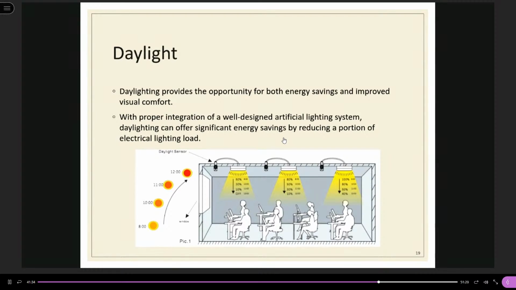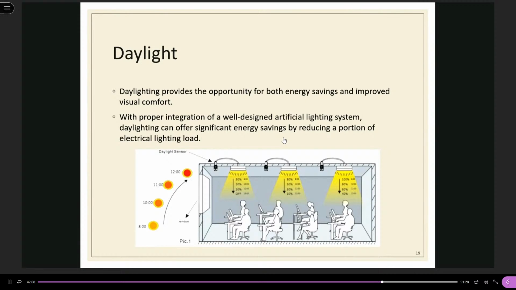So with proper integration of a well-designed artificial lighting system, daylighting can offer significant energy savings by reducing a portion of the electrical lighting load. Electrical lighting usually constitutes around 10 to 12% of the building energy consumption.